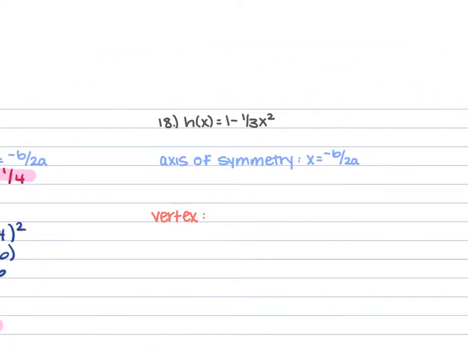For 18, we are given h of x is equal to 1 minus 1/3 x squared. So our a is negative 1/3, our b is 0, and our c is 1. So our x is equal to 0. Our vertex, we're going to plug that in and just get 0, 1.